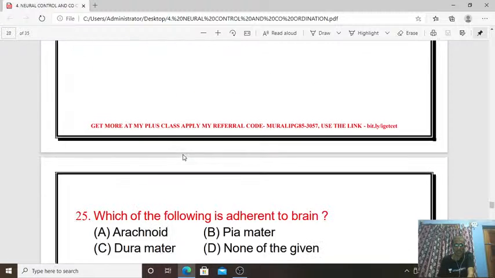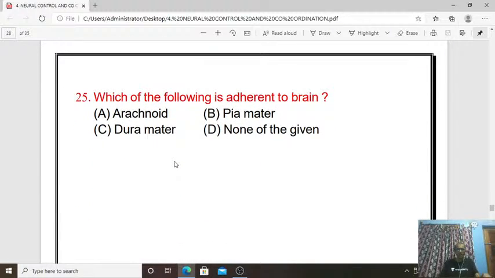And next question, 25th. Which of the following is adherent to brain? Adherent refers to attached to brain, meaning the cerebrum. Out of three meninges, which layer is the innermost one? So it is B, pia mater.